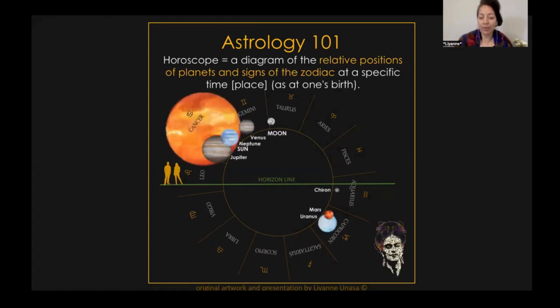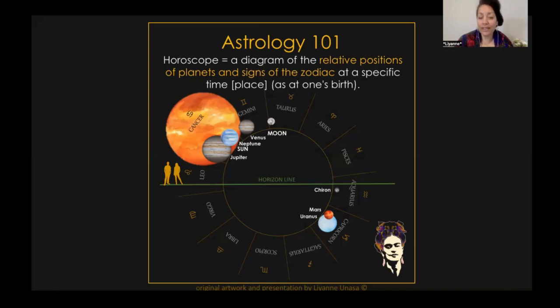To illustrate the point, here are planets in Frida's chart. The moon and the sun, even though they're not planets, are usually referred to when people talk about planets in astrology. They're also known as the luminaries.